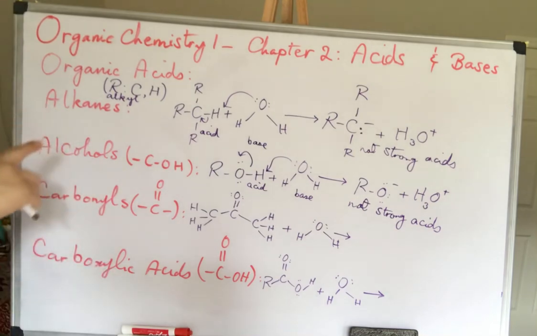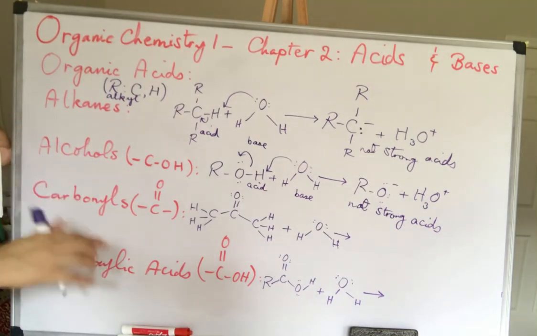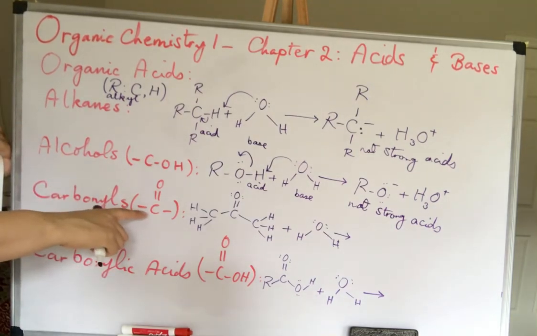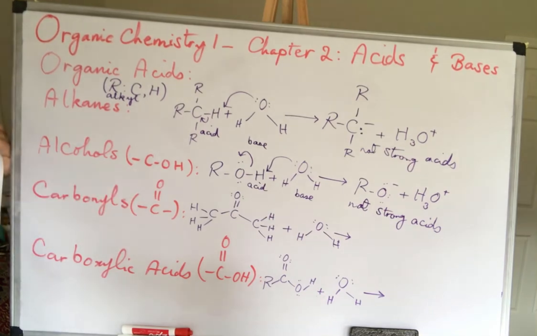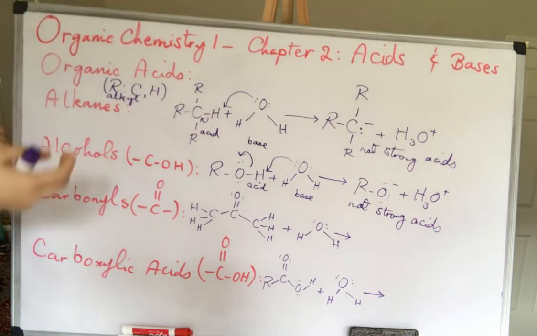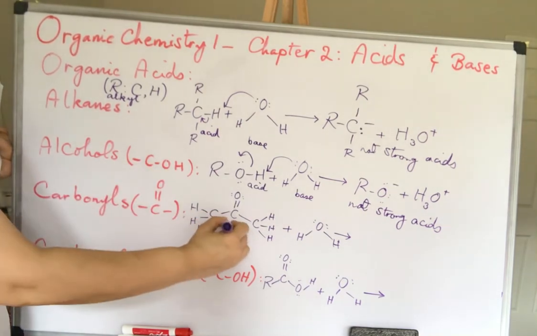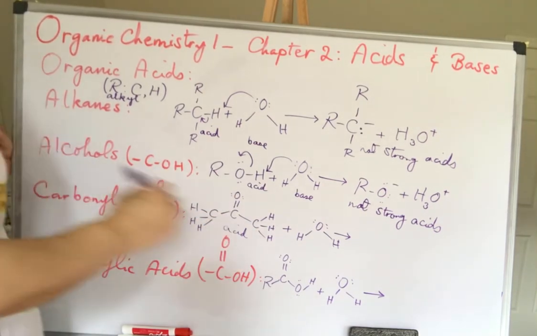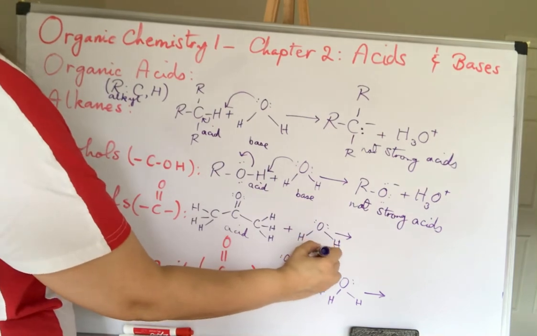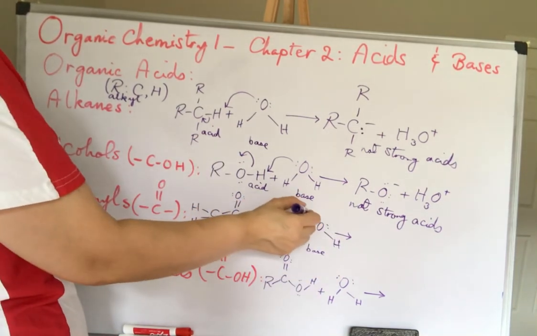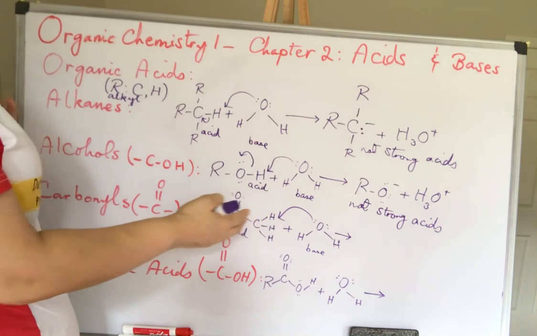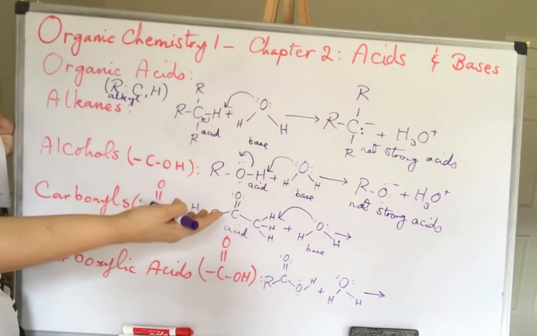Now, we get to carbonyl compounds. Carbonyl compounds are those that include a carbon-oxygen double bond, like acetone, the nail polish remover. Let's say we are using it as an acid and water acts as the base. In such a reaction, again, oxygen attacks any of these hydrogens, basically the hydrogen which is the most accessible.